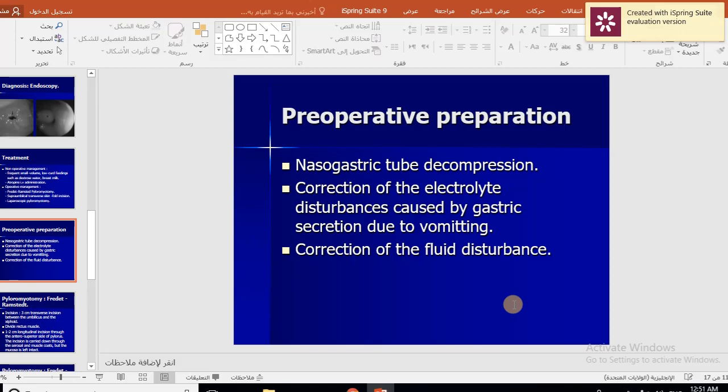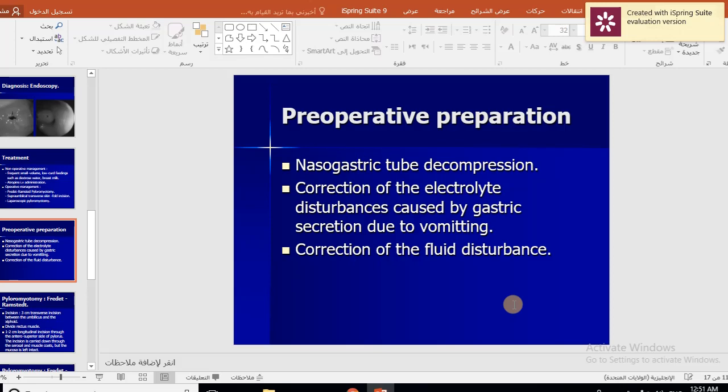Preoperative preparation for operation of pyloric stenosis. We can insert a nasogastric tube for decompression and correct the electrolyte imbalance and fluid disturbance. Because of the dehydration, the patient also has electrolyte imbalance and acid-base imbalance.